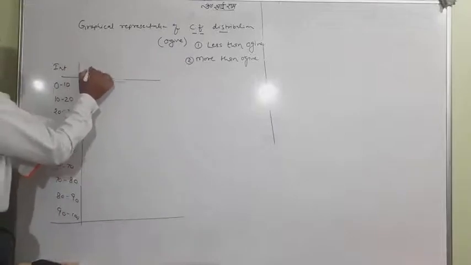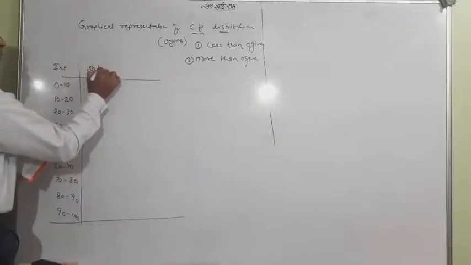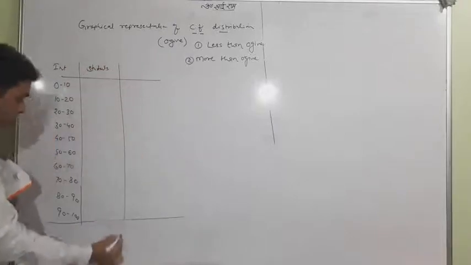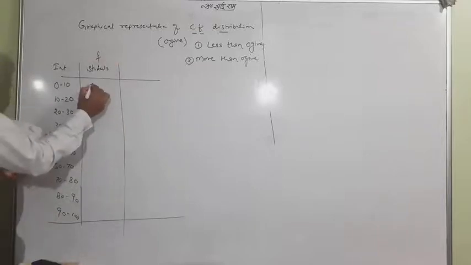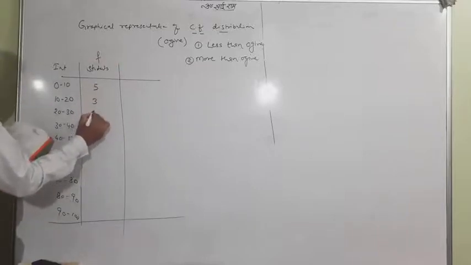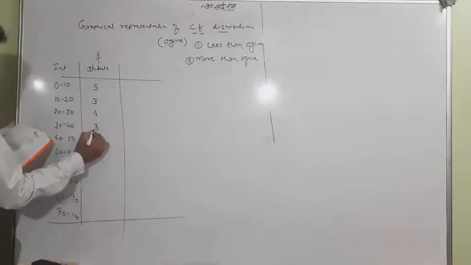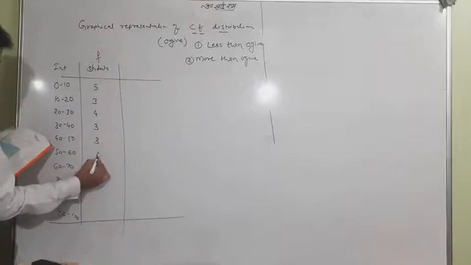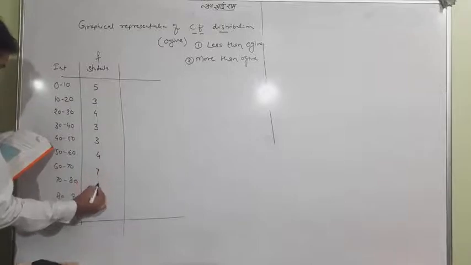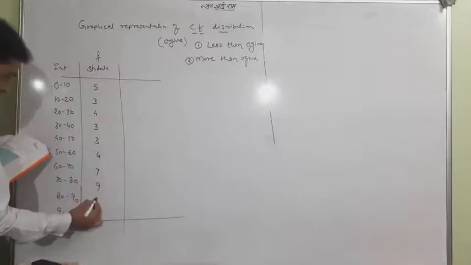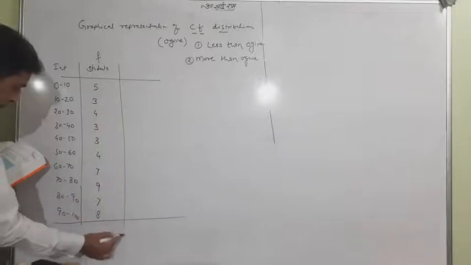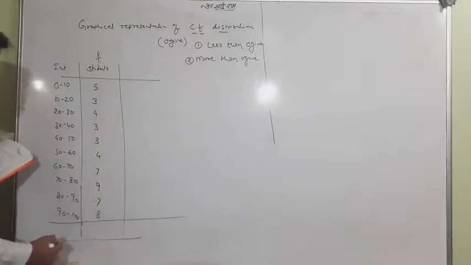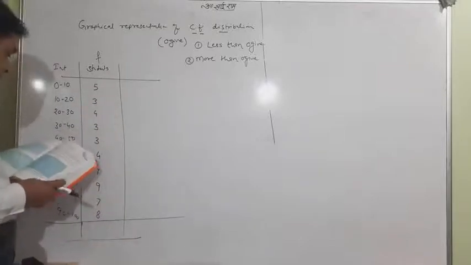And here the number of students, normally called F: 5, 3, 4, 3, then 3, 4, 7, 9, 7, 8. And the sum of the whole data is 53.